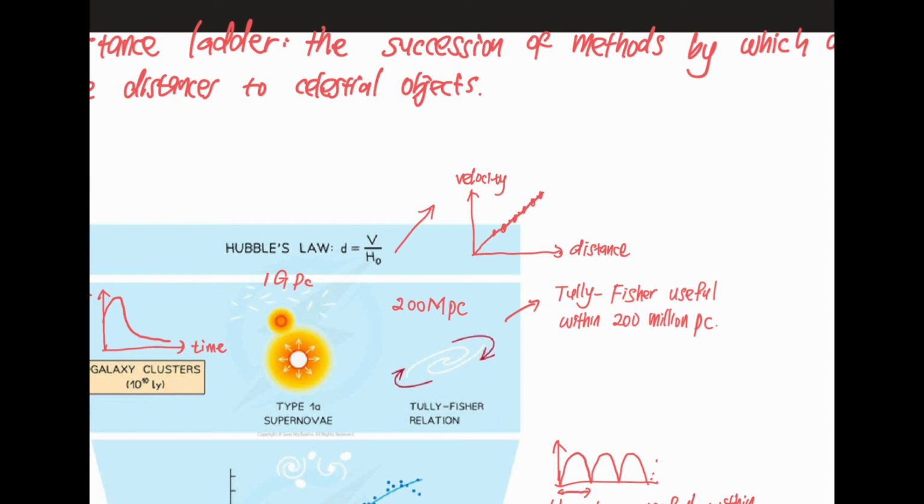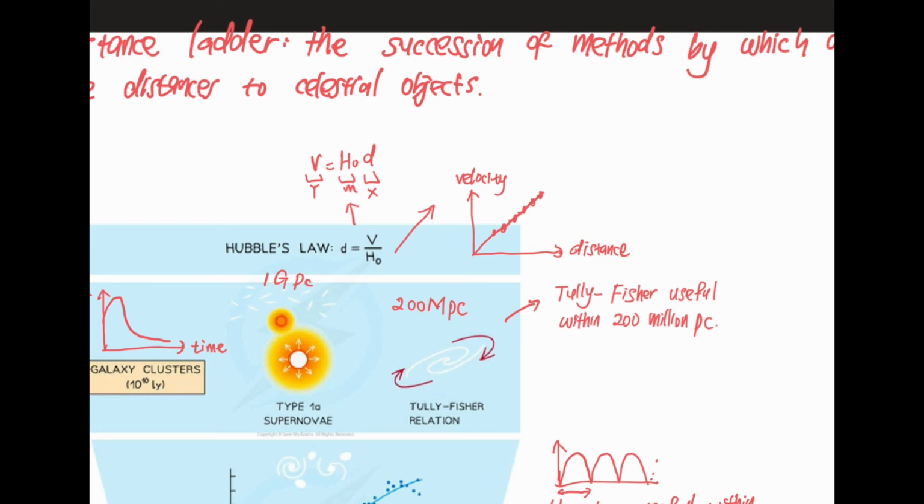And of course this one we can easily understand in this way. V equals H naught times D. So this is the y-axis, this is the gradient, and this is the x-axis. So that's why we get a straight line from the origin. H naught is a new constant.